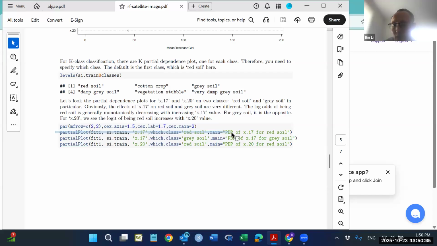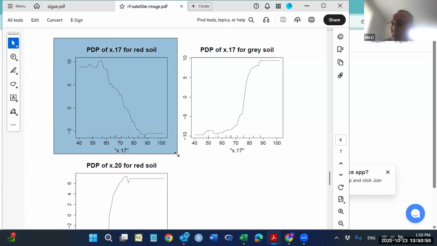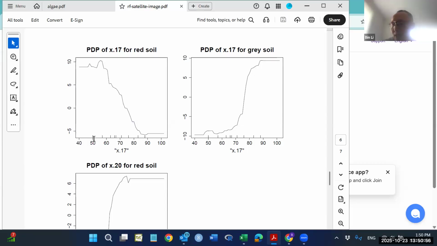That's the partial dependence plot for x17 for the red soil, because that is corresponding to the red soil, not for other types. Okay, and then you can see here, when the reading for x17 increases, the likelihood for the sample to be the red soil actually decreases.